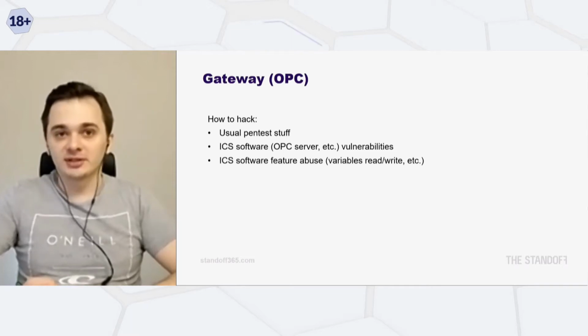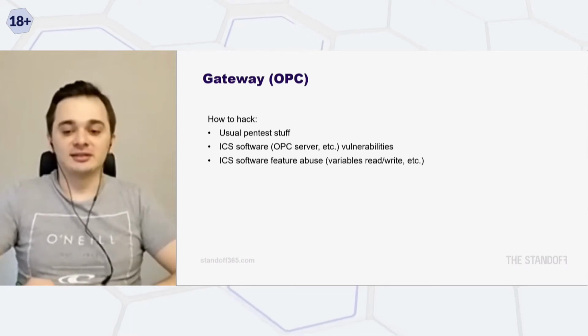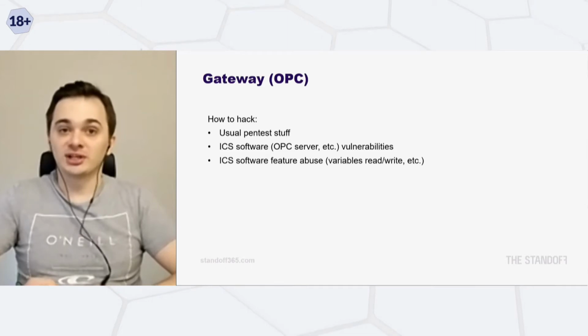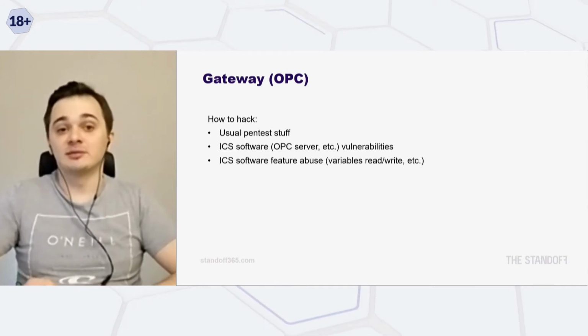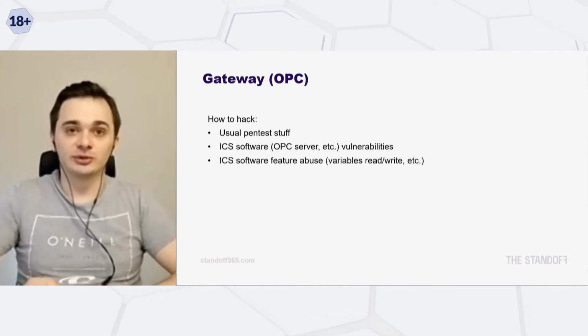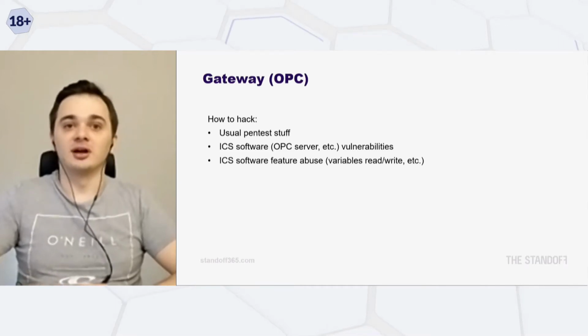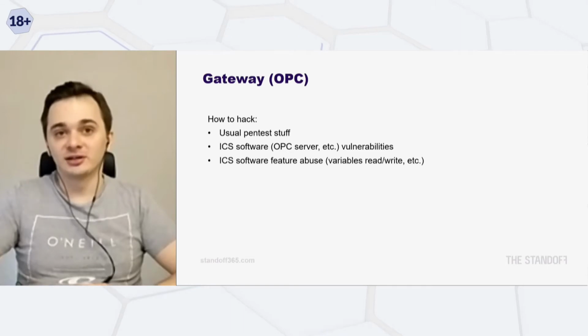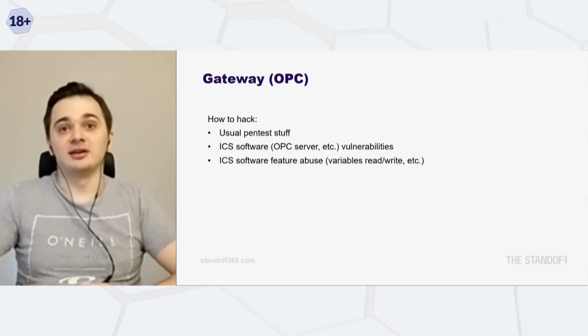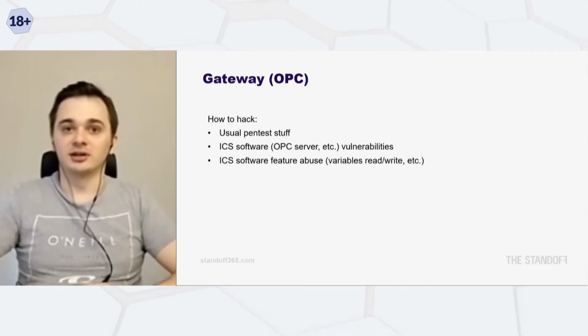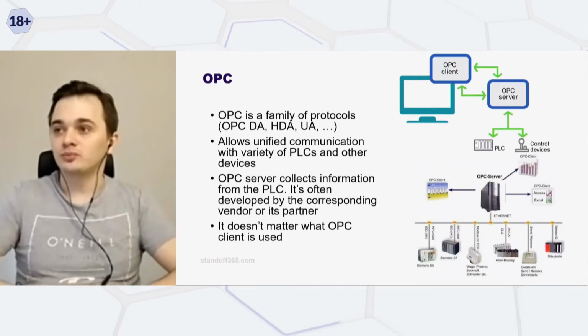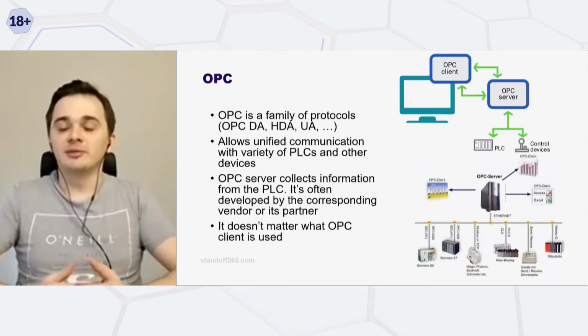And you will be able to get additional information, or the data that is transmitted somewhere will be distorted, or in the rarest case, the OPC server, after rewriting some variables, will ask the PLC to rewrite them too. And this is the most critical thing that we can initiate.